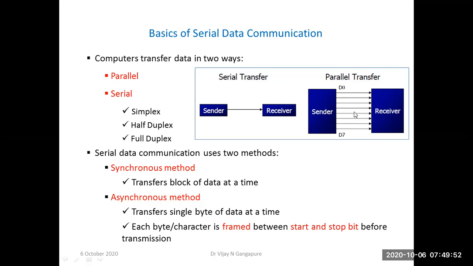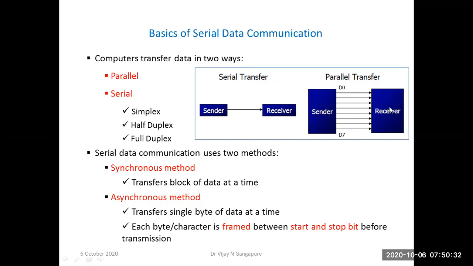But if sender and receiver are far away, that is, as the distance between them increases, it is not feasible to have parallel transfer of data, because we need parallel lines. Like here, to carry D0 to D7 data, 8 parallel lines are required between sender and receiver, and in long distance communication it is not possible to have such eight lines.